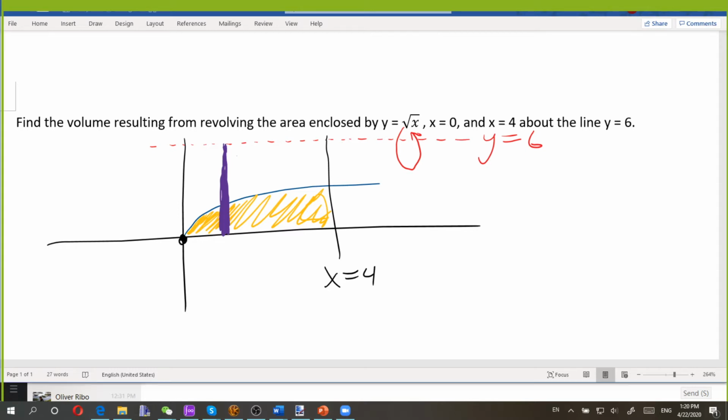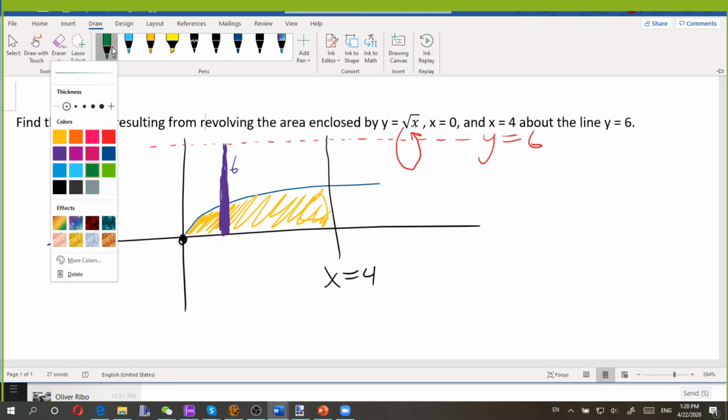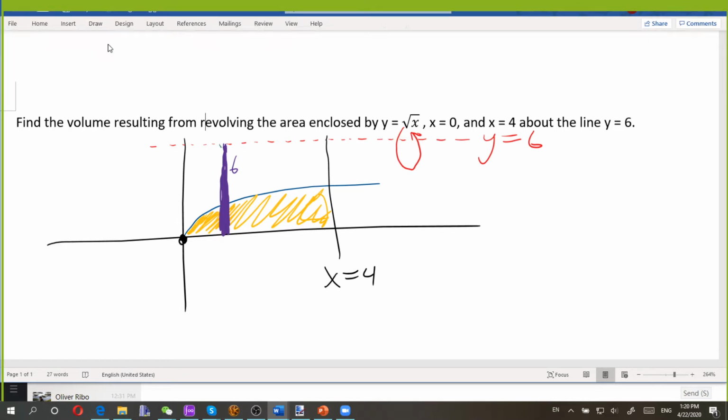Okay, 6 units. And it does not matter where this is. This is still going to be 6 units. Okay, then I'm going to draw one more. This line here in green is my R2. How much would the green distance be?